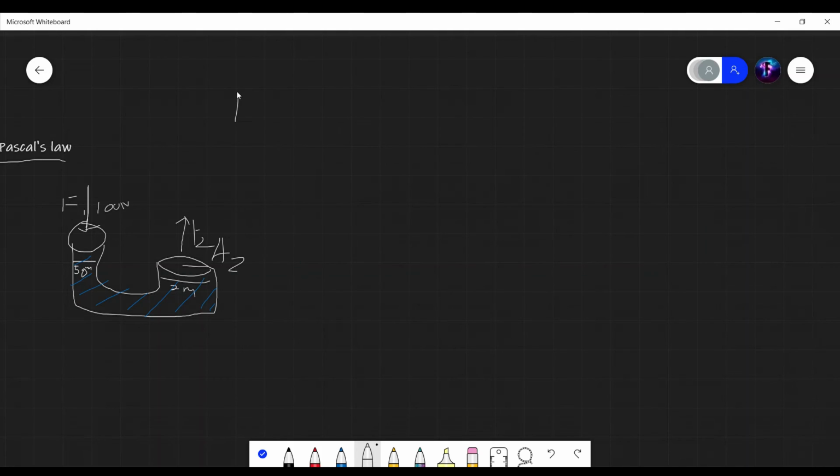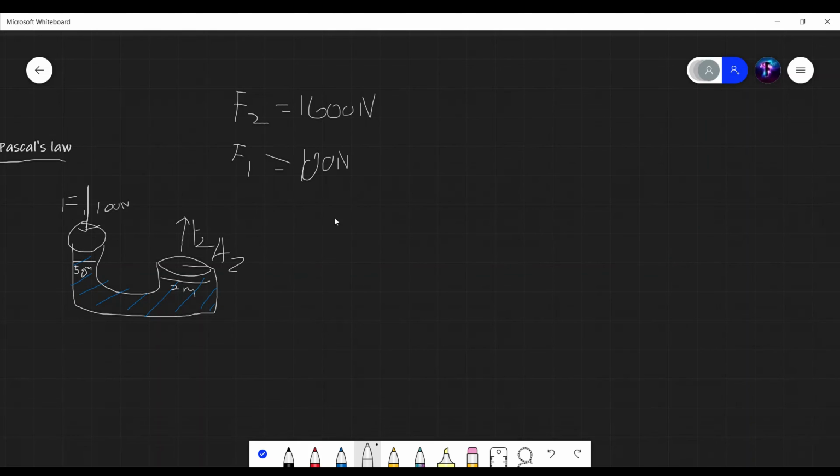Pascal's law. So I'm going to rewrite it right here. F2 is equal to 1,600 newtons, and we also know that F1 is equal to 100 newtons. So now that we know this, we're going to move on to the next thing that you can also find: the mechanical advantage.